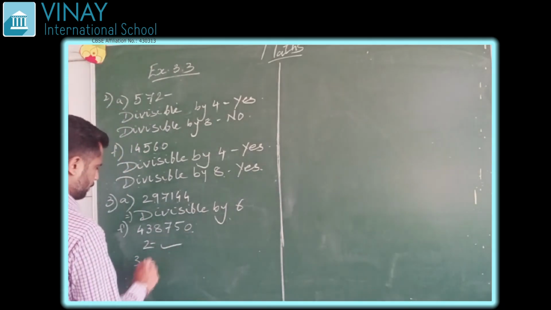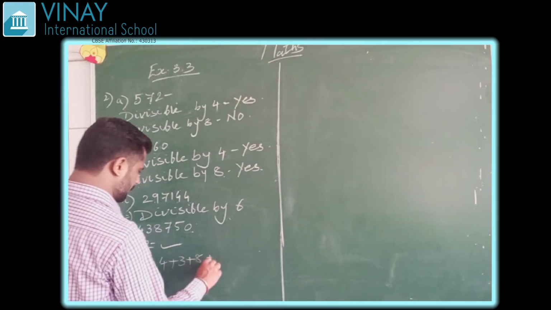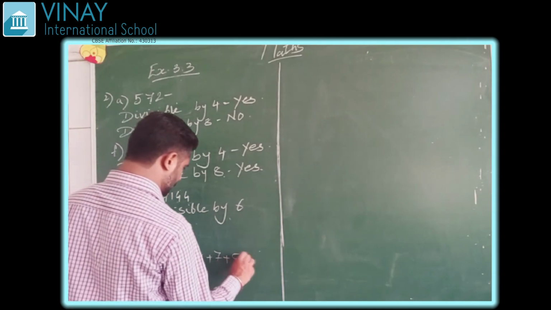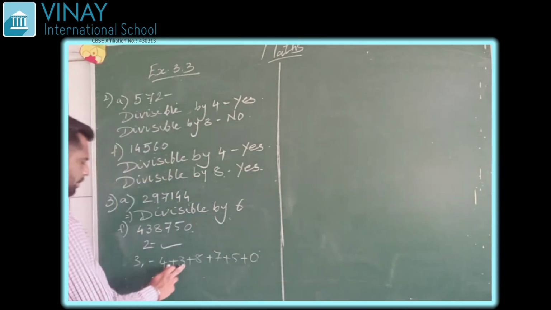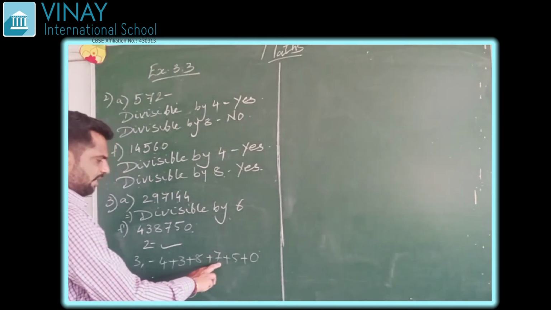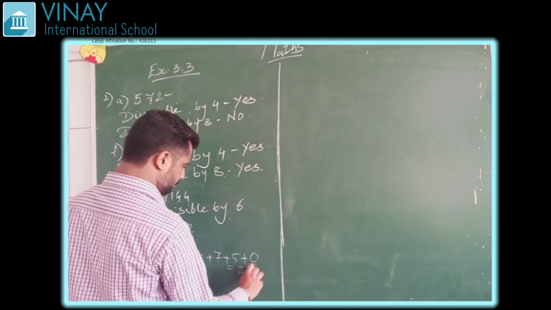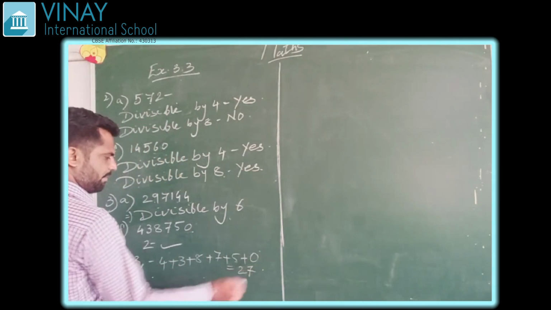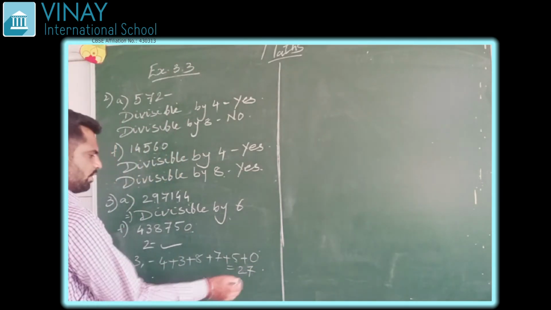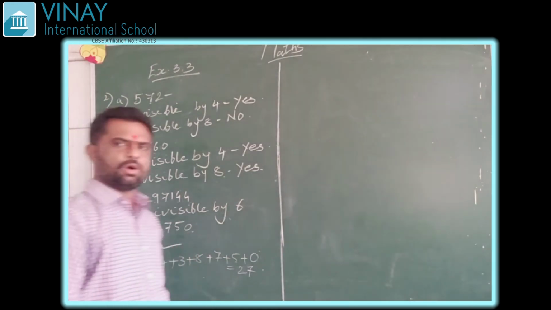For 3 we need to find out 4 plus 3 plus 8 plus 7 plus 5 plus 0. 4 plus 3 is 7, plus 8 is 15, 15 plus 7 is 22, plus 5 is 27. So this number is divisible by 3 also.